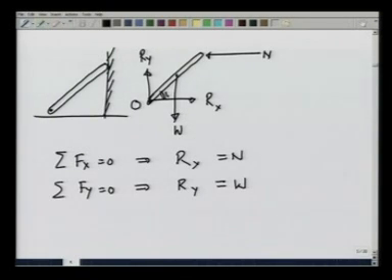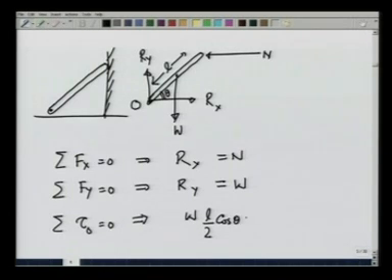If this angle is theta and the length is L, then summation of torque about O equal to 0 gives W times L over 2 cosine theta equal to N times L sin theta, or N equals W cotangent theta divided by 2.